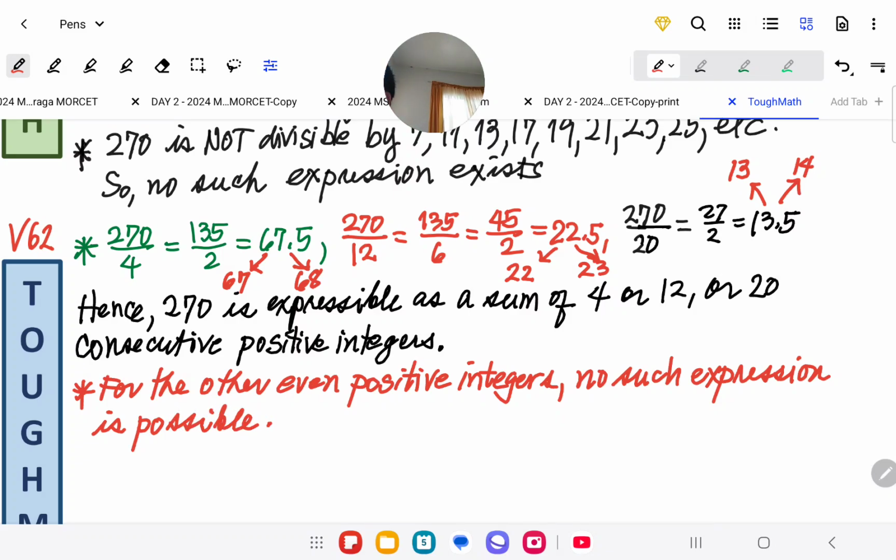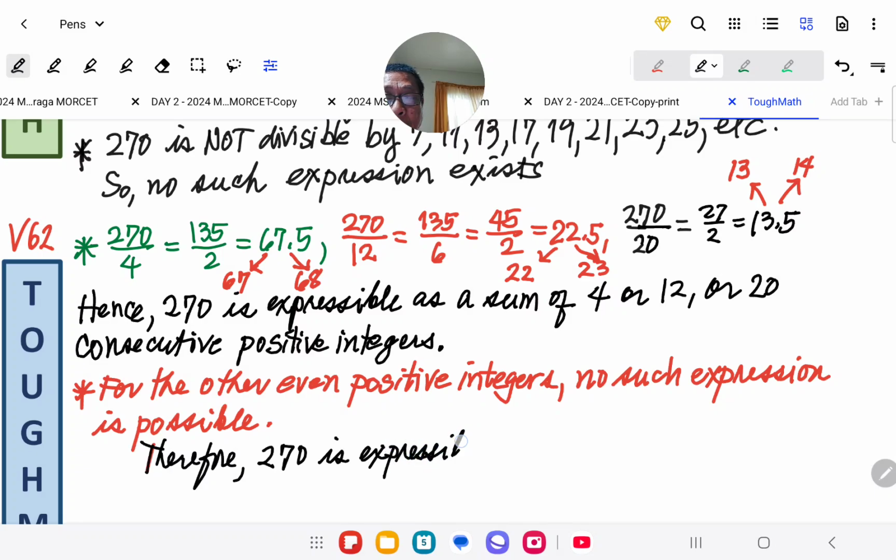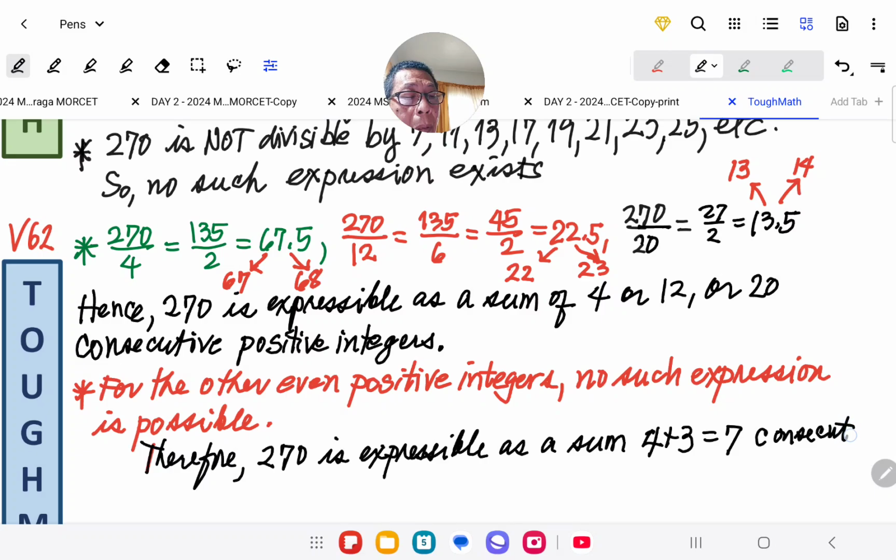So, therefore, 270 is expressible as a sum of 4 plus 3 equals 7 consecutive positive integers.